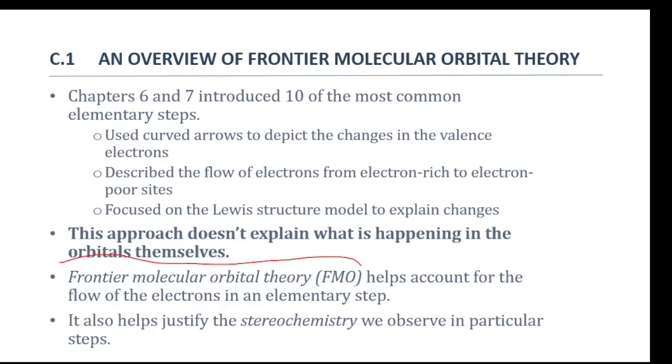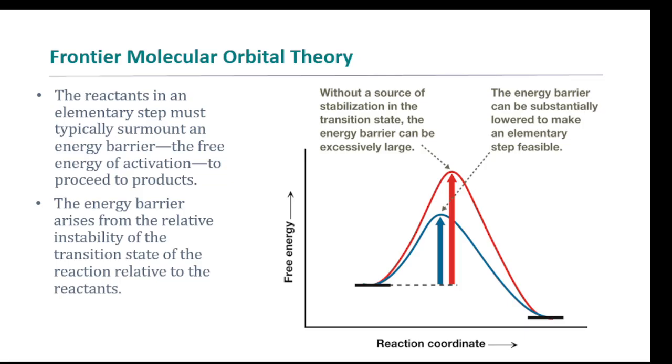This also helps to justify those stereochemistries we're observing in these particular steps. Why do you have a stereochemistry that happens like this? Because you have to have an overlap of these orbitals, right? And the orbitals actually have directions they have to point in, don't they? And so there you go. We're going to connect so we understand.